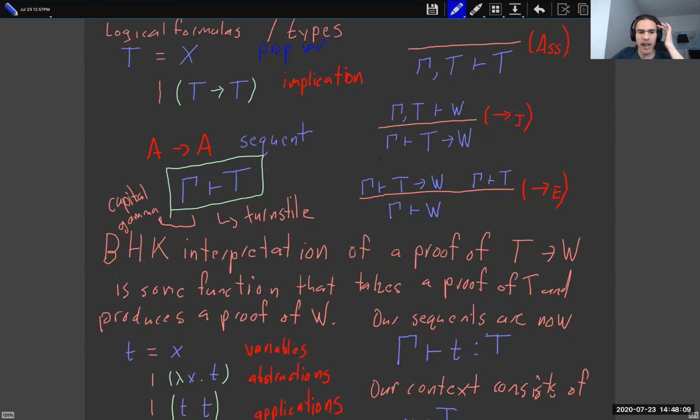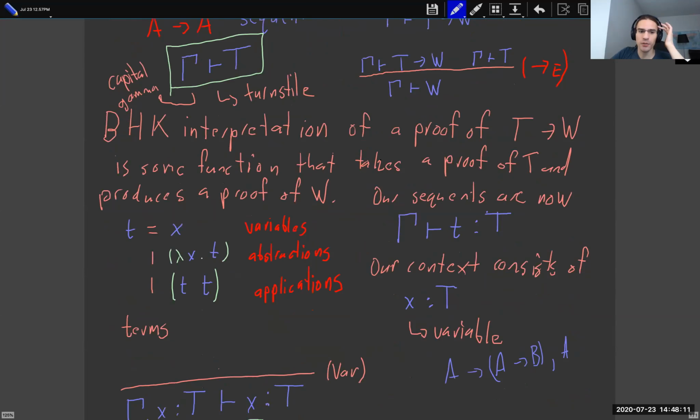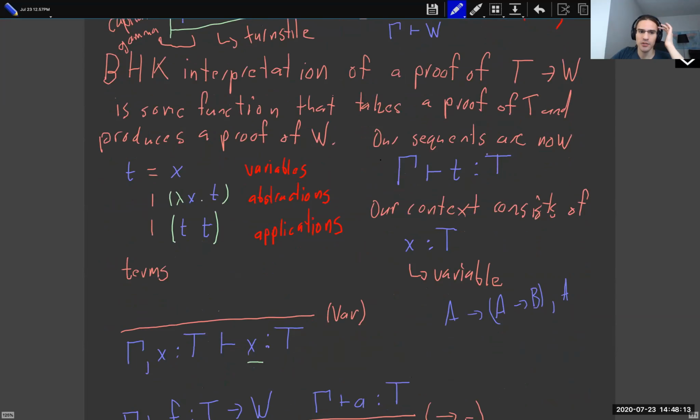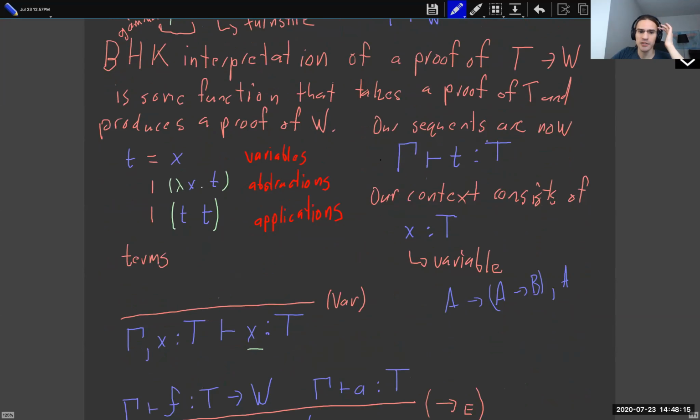And then here's the grammar for proof terms, right? So our sequents are always of the form some context gamma, where gamma is a collection of things that look like this. And then you have a lambda calculus term, colon, a logical formula.